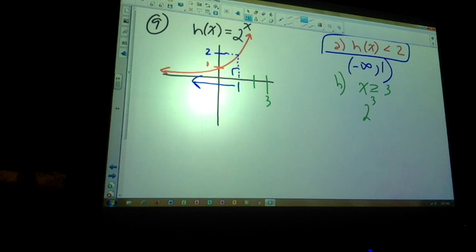That's 2 times 2 times 2. 2 times 2 is 4. 4 times 2 is 8. So it's going from 8 all the way to infinity. Is this a square or a rounded bracket? Square. Why? Yeah, it's got the equal sign. Okay.